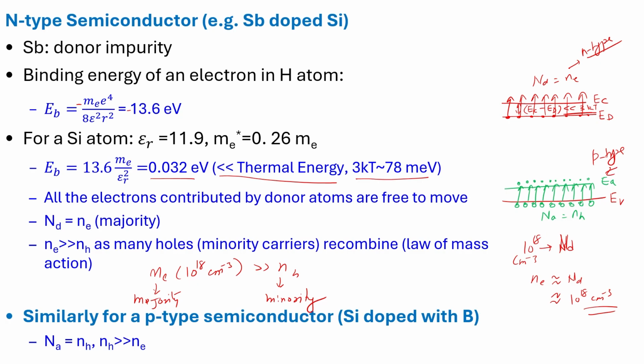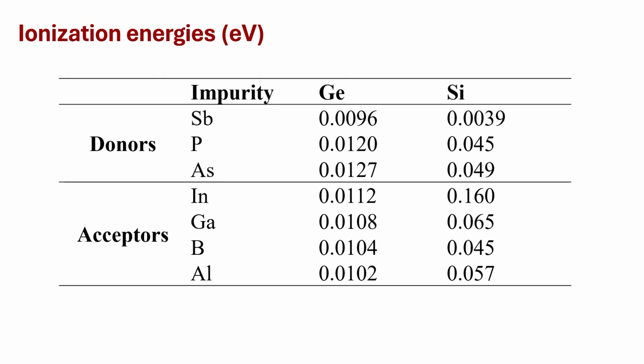So, it is important to have the energy levels of donor and acceptor atoms close to conduction or valence band for an n type or p type semiconductor. So, basically you can calculate these energy levels. If you look at these impurities, antimony, phosphorus, arsenic with respect to germanium and silicon, these are the ionization energies for different atoms in silicon or germanium.